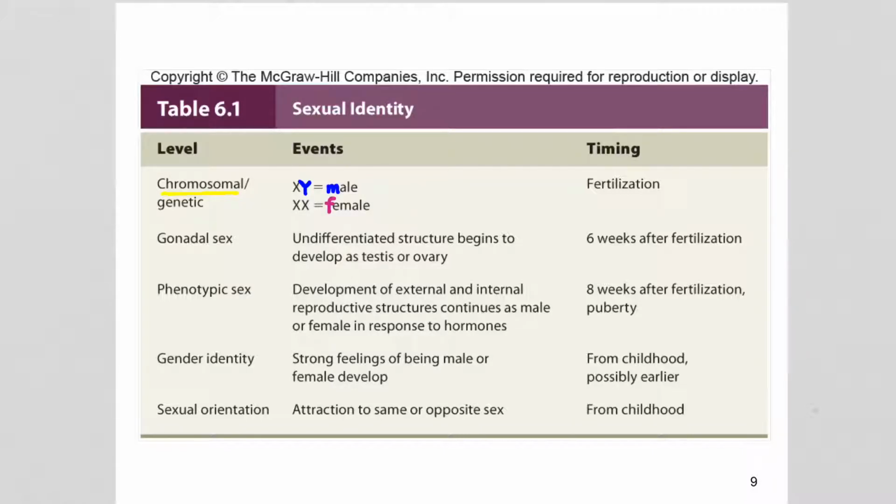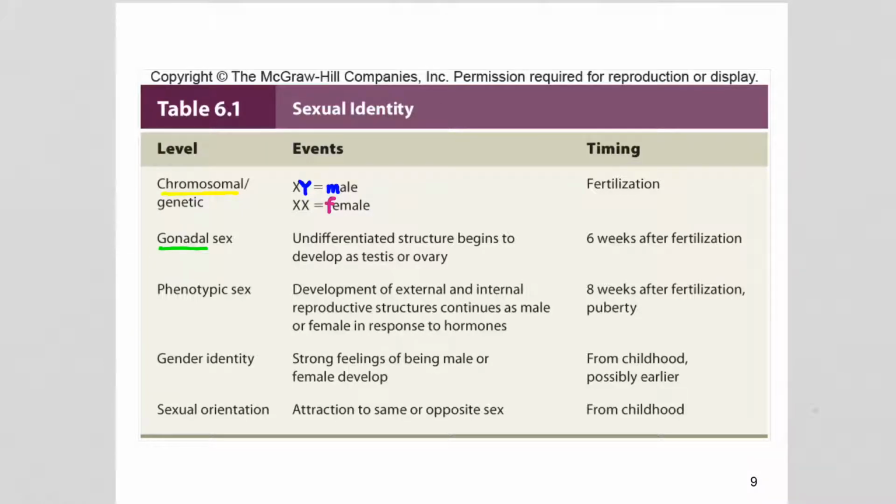So right after fertilization, male versus female is defined by the chromosomes that are present. XY is a male and XX is a female, biologically speaking, and that happens very early on, right away as that zygote is formed.